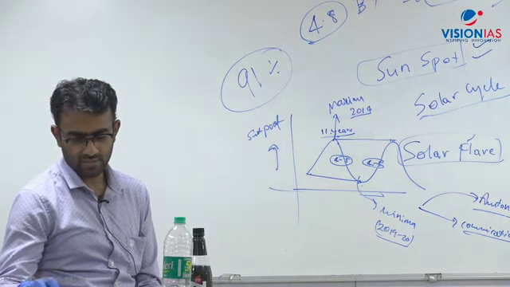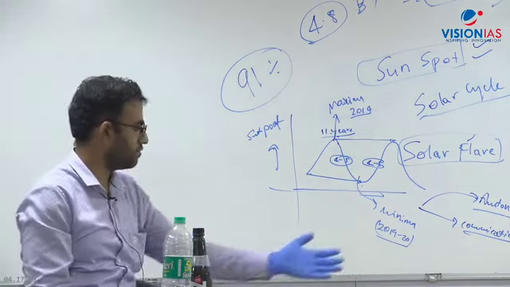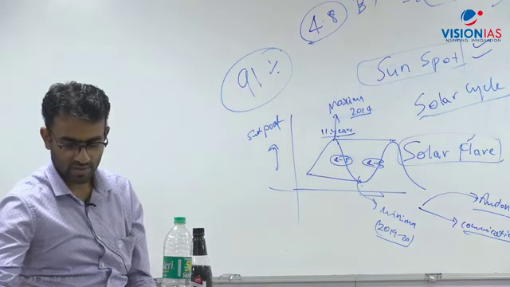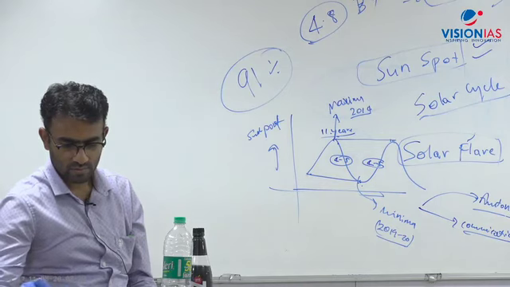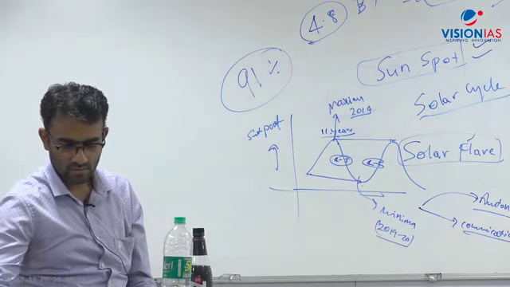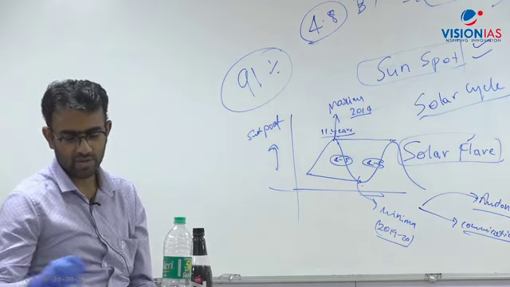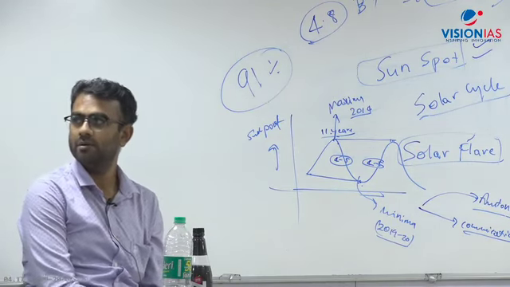Impacts of solar minima, you can write solar maximum was in 2014 and solar minima is in 2019-20. Currently we are in solar minima. So, possible impacts of solar minima.